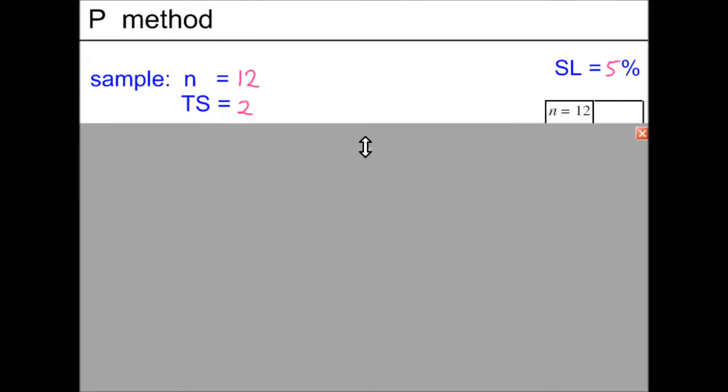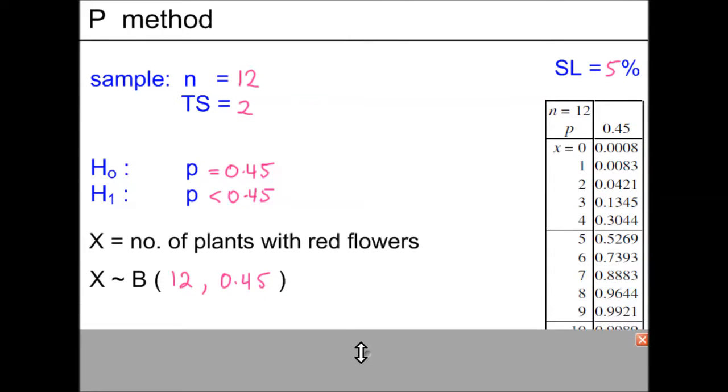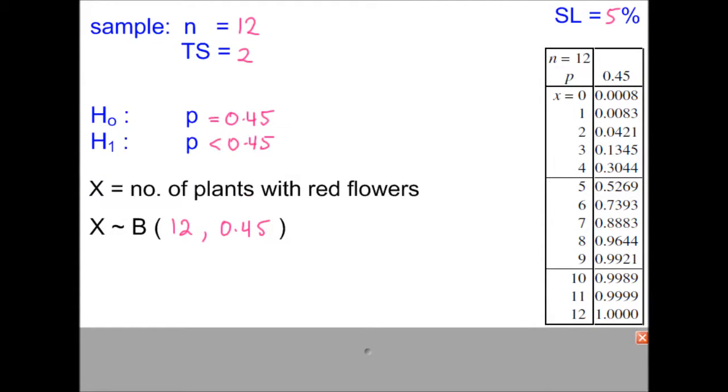The method starts off pretty much similar to the critical values method. So this is all the same. Now in this example, H1 states we're looking for a decrease in the proportion, and the test value is 2.